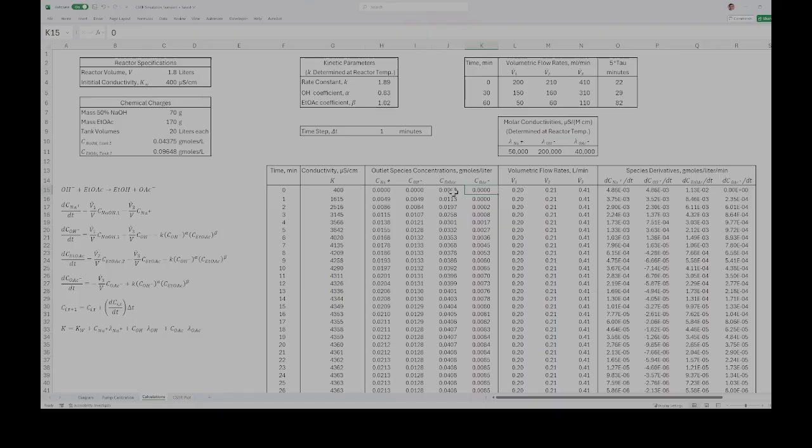So their concentrations are going to be 0. So when I calculate the conductivity, it's going to be equal to that 400 initial plus the concentration of sodium hydroxide times its ionic conductivity plus that of hydroxide ion and the acetate ion.